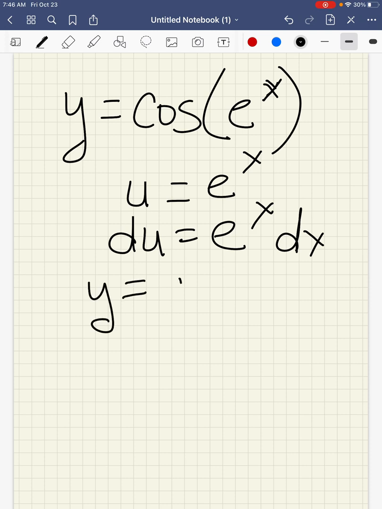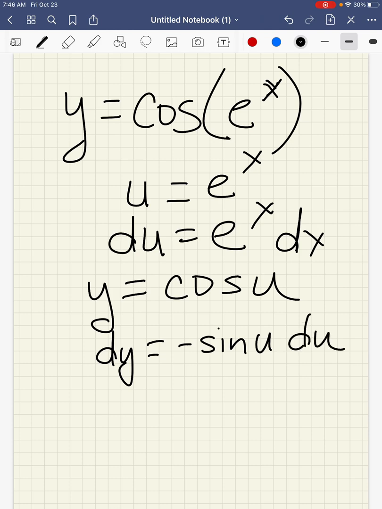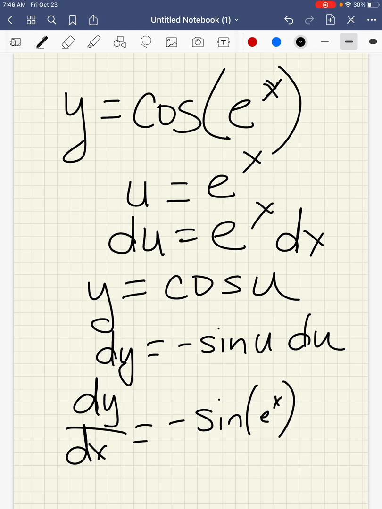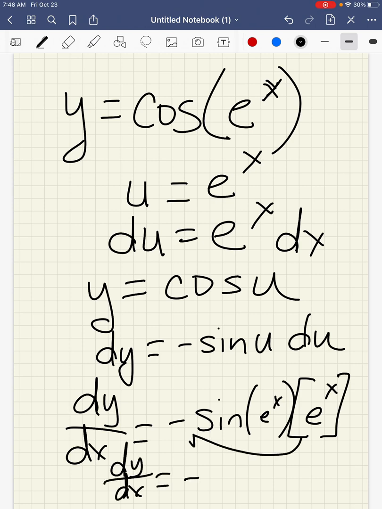The original problem becomes cosine of u, so dy is negative sine of u du, and dy dx will be equal to minus sine of e to the x times e to the x, but that looks strange again, so we'll put dy dx is equal to minus, bring this in front, e to the x times sine of e to the x.